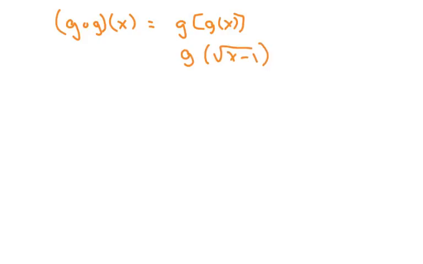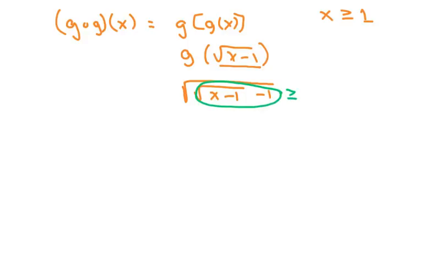Remember, on our inner function, the domain is x greater than or equal to 1. When we substitute again, we get the square root of the square root of x minus 1, minus 1. Now we're going to take this inner part, which has to be greater than or equal to 0.